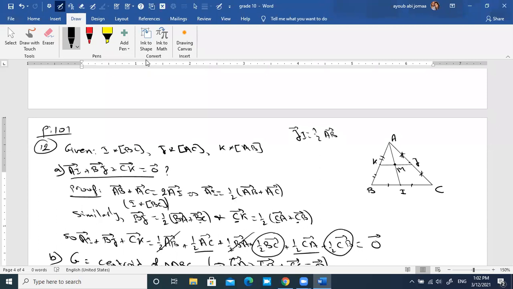You can say the following: JI is equal to JC plus CI, which is equal to JC, half AC, plus CI, half CB.